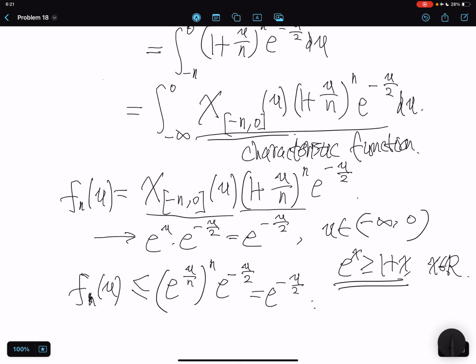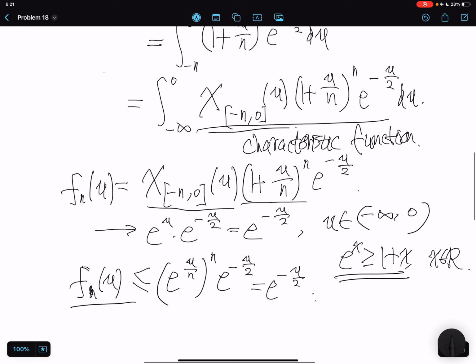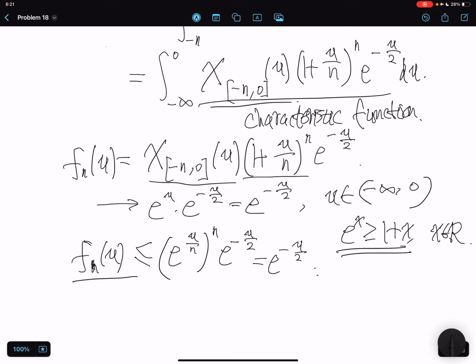So now we have a sequence that goes to an integrable function, and this function is positive, clearly measurable from minus infinity to 0, and is bounded by e^(u/2).